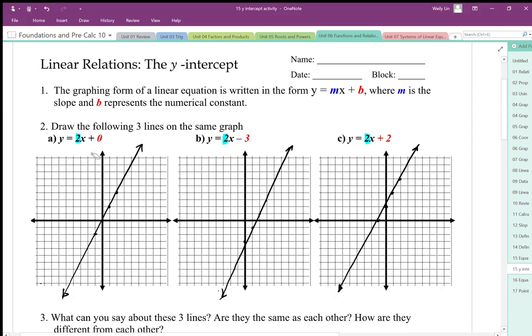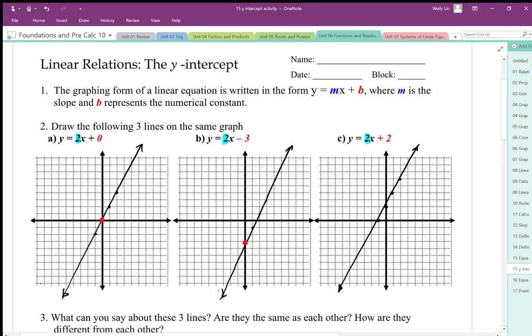Well, when I look at the positioning of this, this 0 seems to indicate that when x is 0, y is 0, so it indicates this point right here, where it crosses the y-axis. This -3, again, is when x is 0, y ends up being -3, so it represents this point right here on the y-axis.